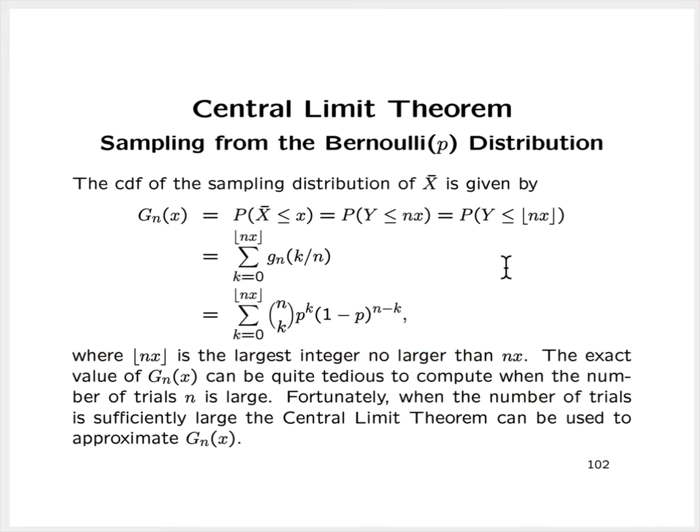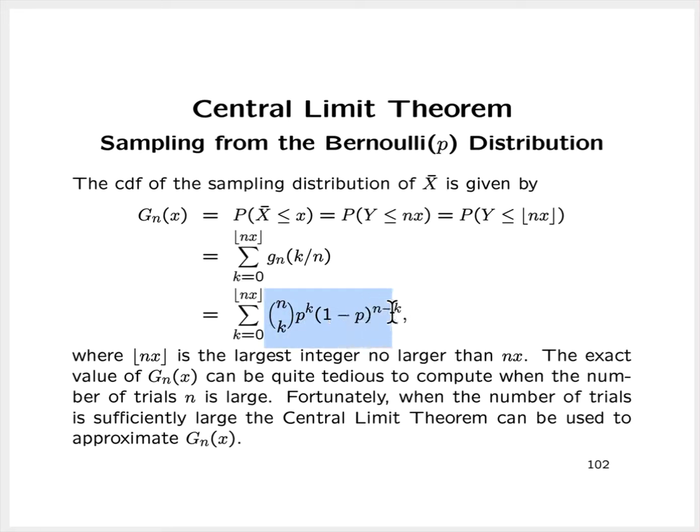Okay, so in order to find this CDF, this cumulative distribution function of x bar, this probability accumulator, we have to evaluate the value of the PMF of x bar at all values in the sample space, which I will denote by k over n, where k goes from 0 up to the greatest integer that is less than or equal to n times x.